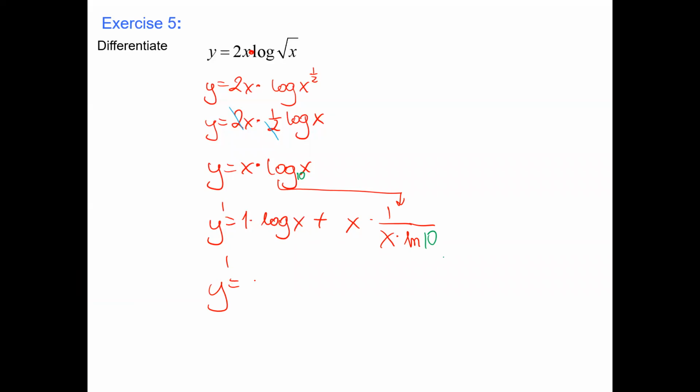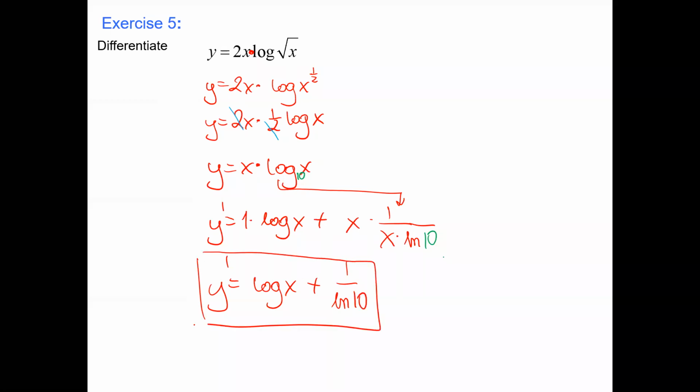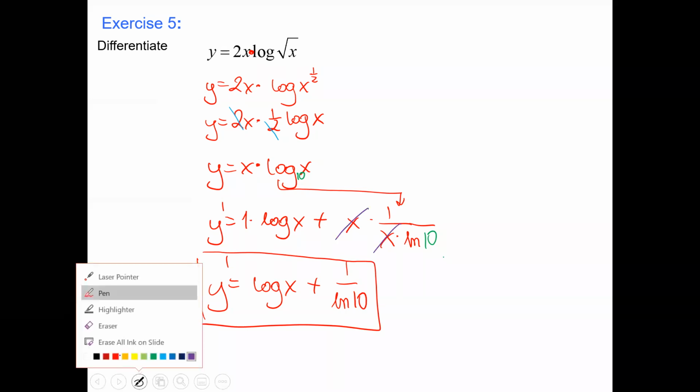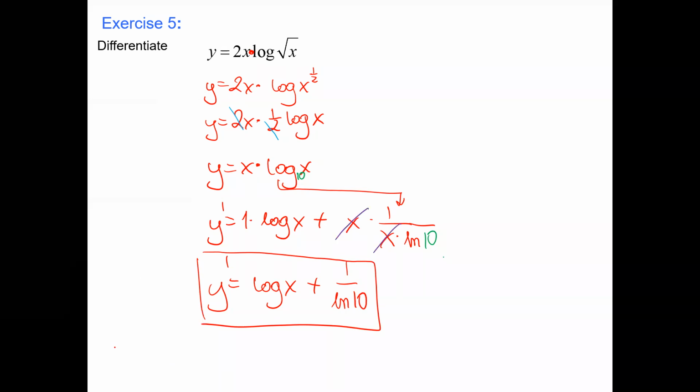The final answer is log of x plus 1 over ln of 10. Of course, these two x's are gone, x and x. Okay, good job. I suggest you even cover the solution and just solve it again. Or doing the homework assignments, you will also practice.